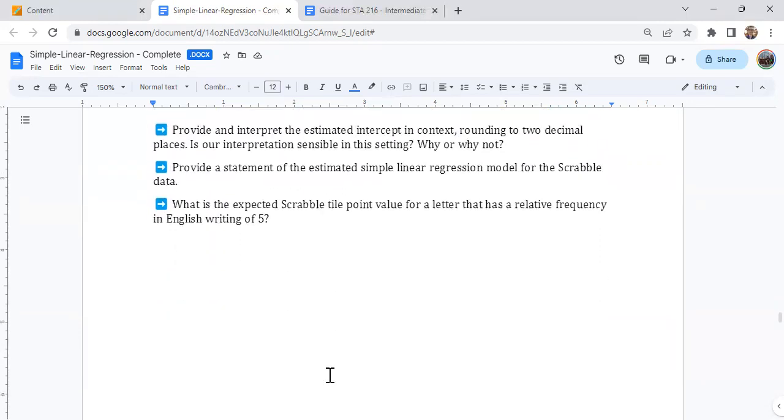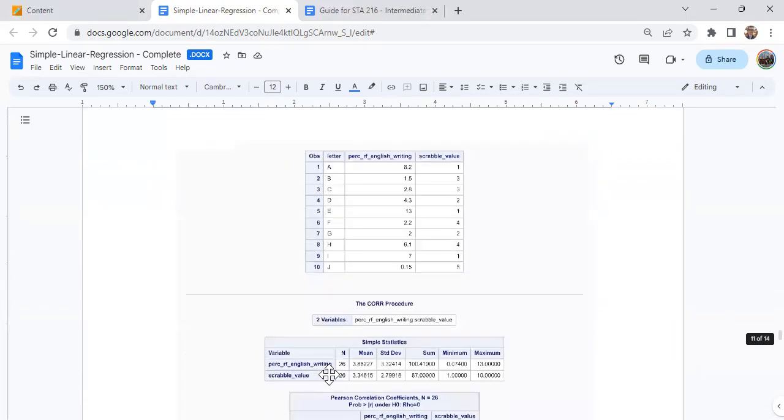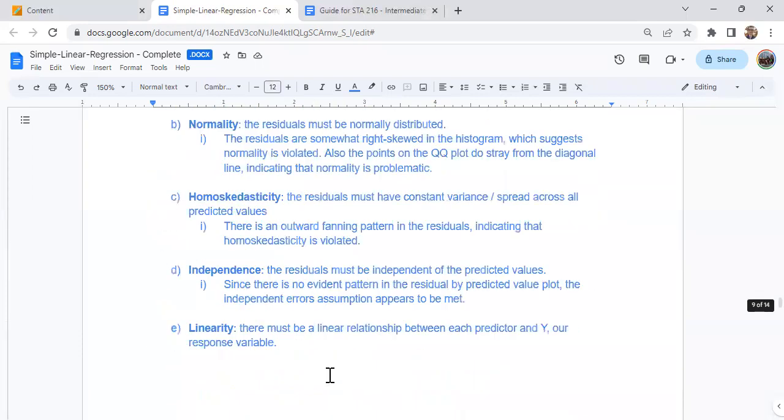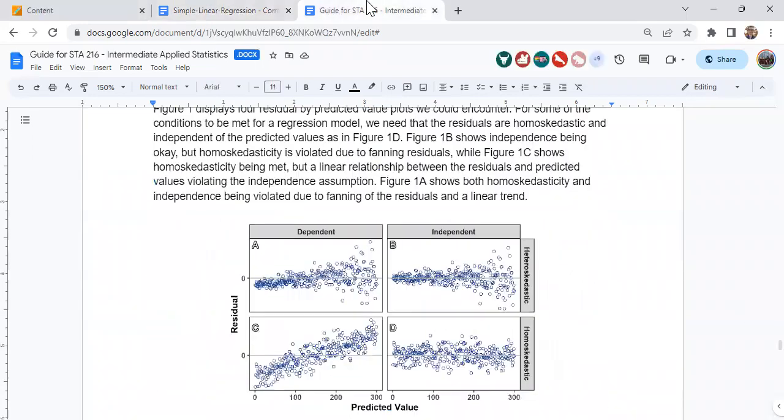Okay, so let's get the estimated slope here.